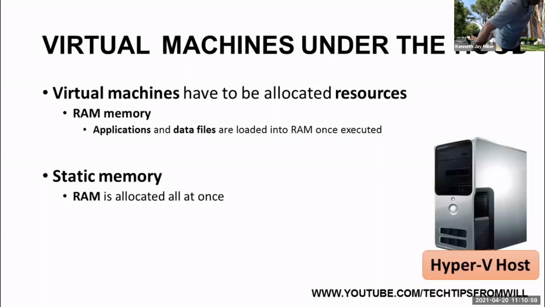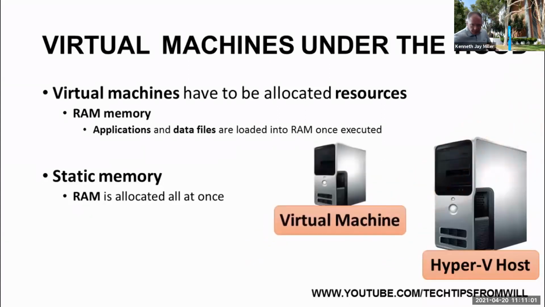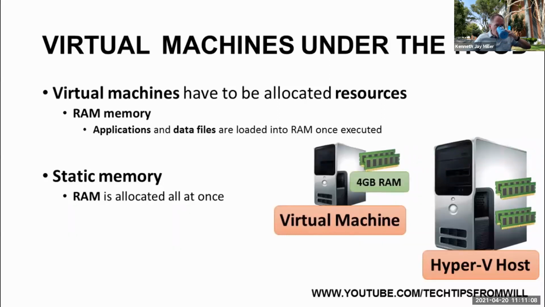That is, if you make the decision to allocate 4 GB of RAM using static memory, 4 GB of RAM is essentially taken from the Hyper-V host and is given exclusively to the virtual machine. In other words, that 4 GB of RAM now belongs to the virtual machine, and only that virtual machine is able to use it. Although effective, there is one small problem with this approach.